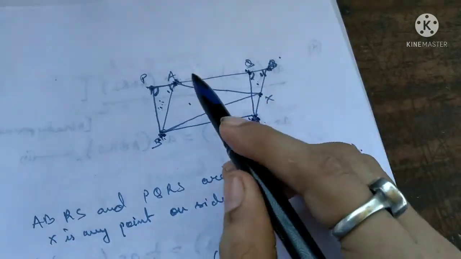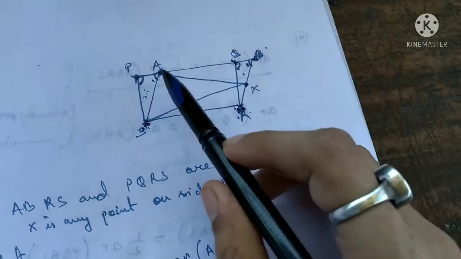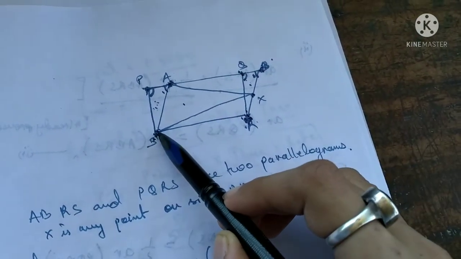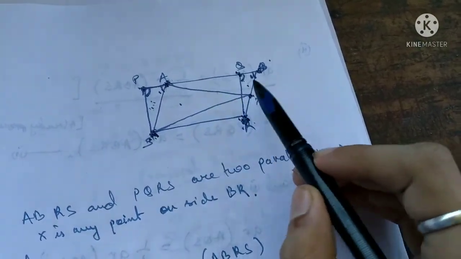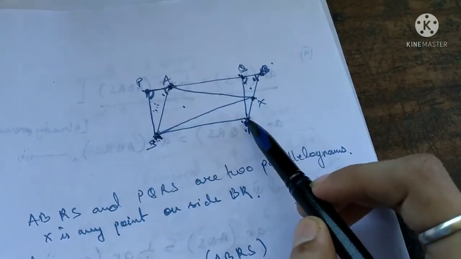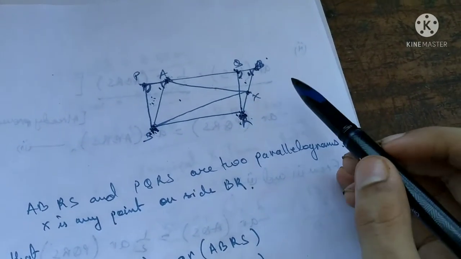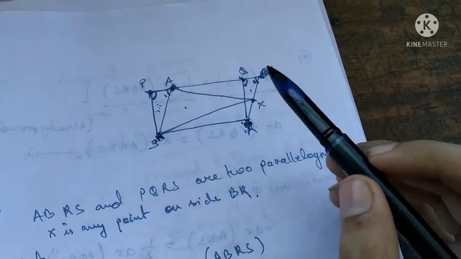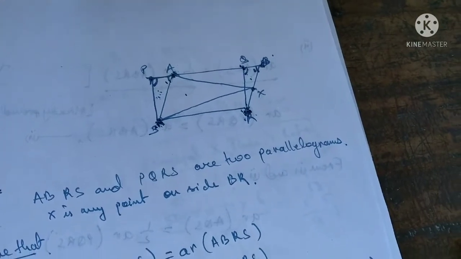Therefore area of AXS is equal to half the area of parallelogram ABRS. In the bracket I will write: if a triangle and a parallelogram are on the same base and between the same parallels, then the area of the triangle is equal to half the area of the parallelogram. Understand? That one I will write down.